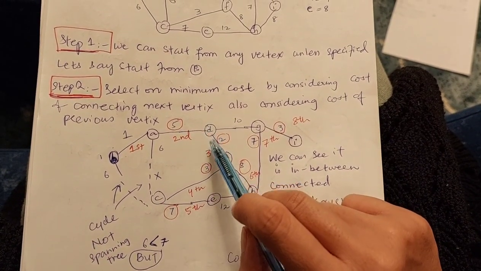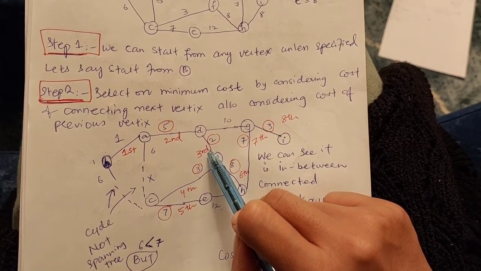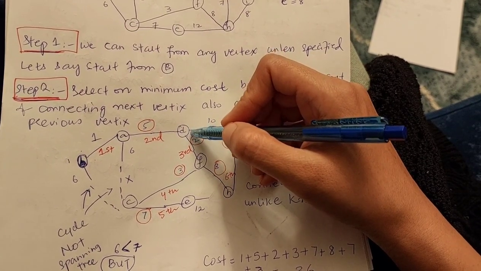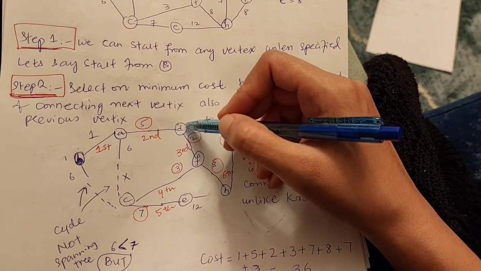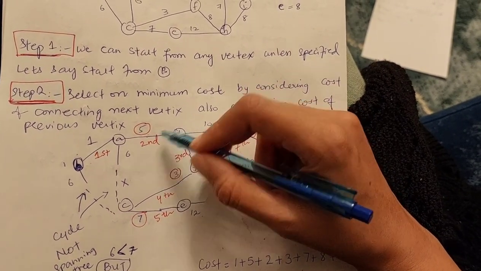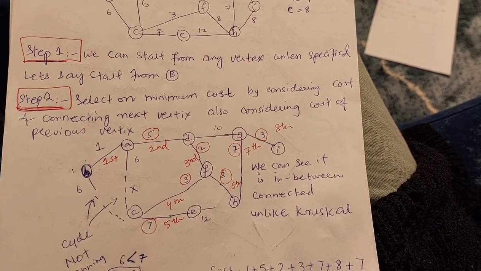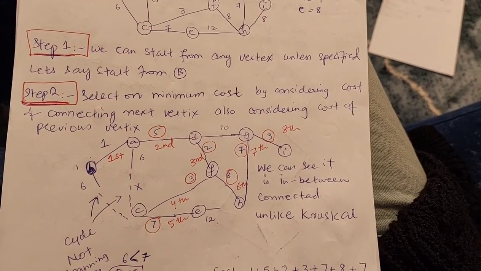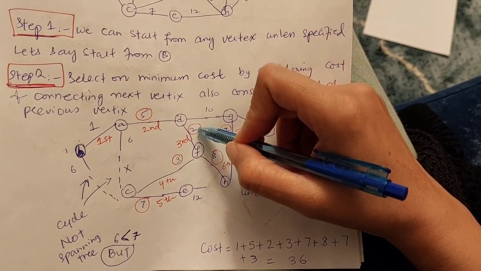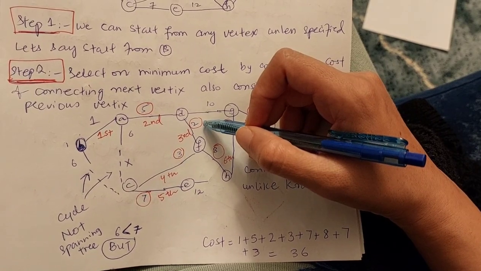Out of all these, you can very well imagine that I am not only considering the cost next to the last connected node, but I am also taking into account the previous connections which were left. So I find that this 2 is the minimum out of all. So I make this 2 my third connection.